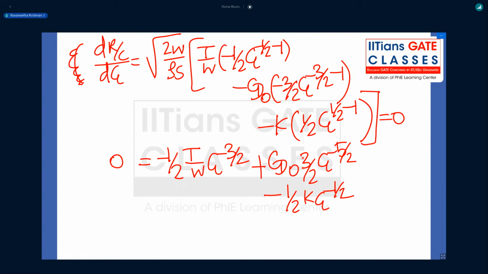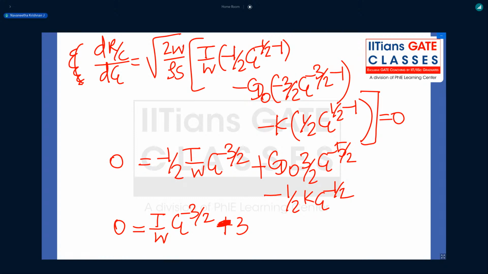Since everything is divided by 2, I'll take the 2 on the other side. So that becomes also 0. So my equation will become, I'll take the minus sign also on the other side. So it will become thrust by weight into CL power minus 3 by 2, minus, because I am multiplying it by the minus sign.